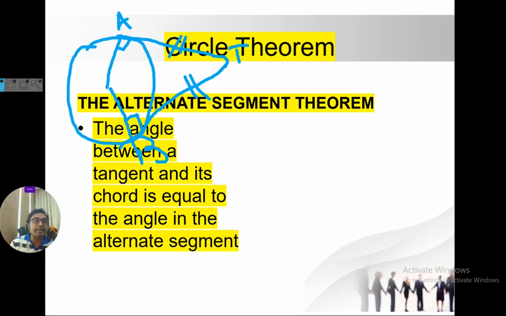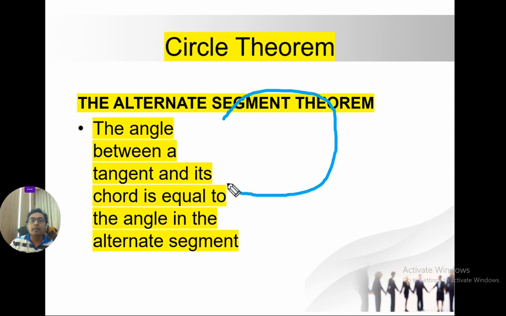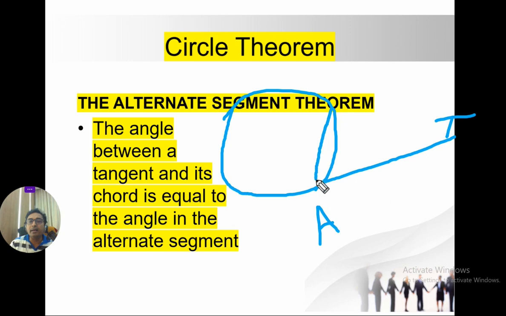Alternate segment theorem, once again I am repeating just for better understanding purpose. क्या है आपका, ये एक सर्कल है, यहाँ पे एक टेंजेंट है, दिस इज T एंड द पॉइंट ऑफ कांटेक्ट इज A. ये पॉइंट ऑफ कांटेक्ट से एक कॉर्ड होगा AB. सो AB एंड AT के बीच में एक एंगल होगा सर्टेन वैल्यू and AB can subtend angles on the alternate segment, yani on the circumference.